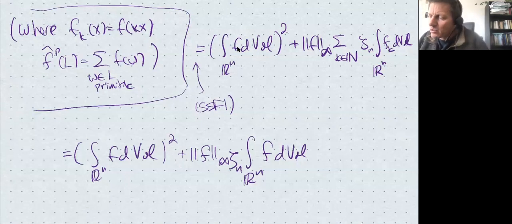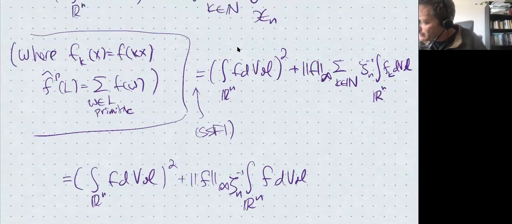X maps to k times x. So this gives me a Jacobian of 1 over k to the n. This should have been a zeta n inverse here, I think. Zeta n is bigger than 1, and we're doing an integral over a sparser set, so we should get a smaller number. Just checking myself here.